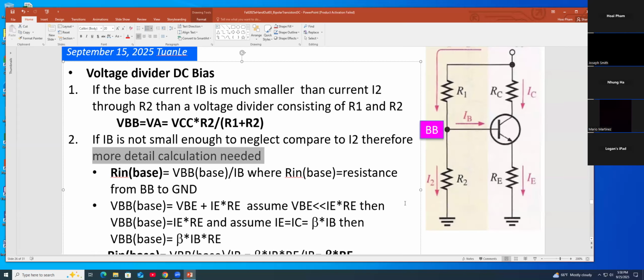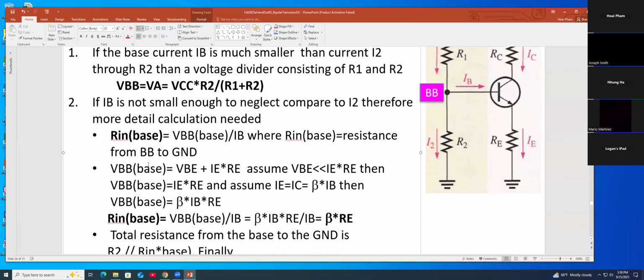However, if they want it, they can go to here: R in B equals VBB divided by IB, where R in B is the resistance from VBB to the ground.